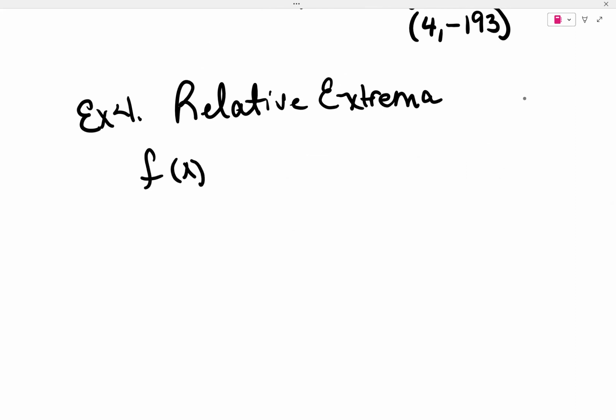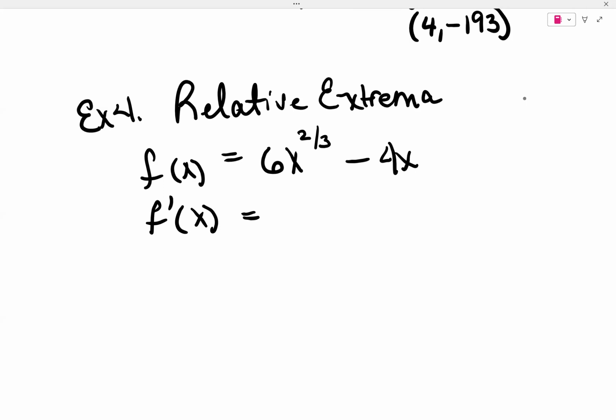We're taking the function, in this case f of x is 6x raised to the 2/3 minus 4x. We'll take our first derivative of that, which in this case is going to give me, simplified, 4x to the -1/3 minus 4.